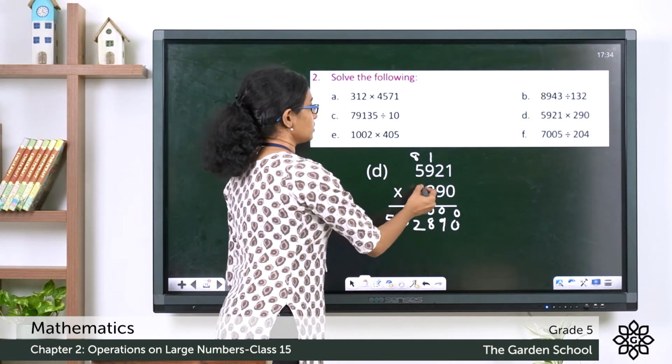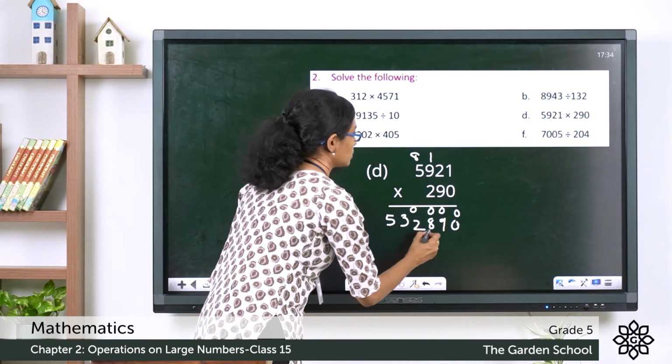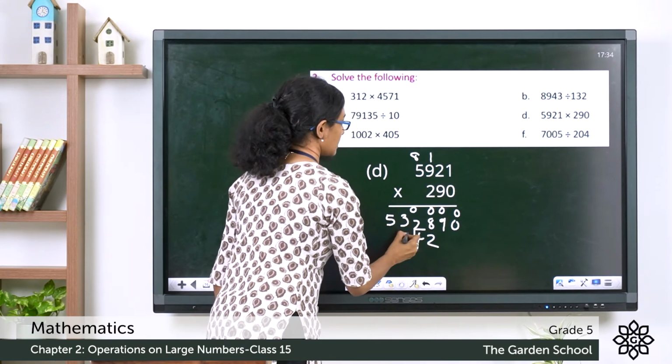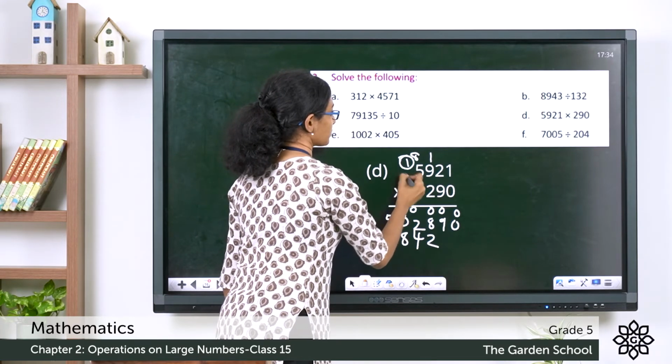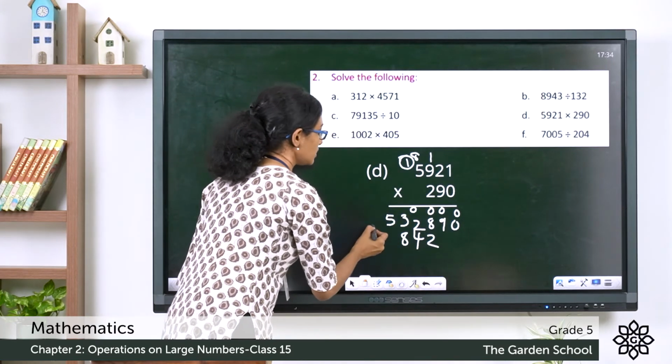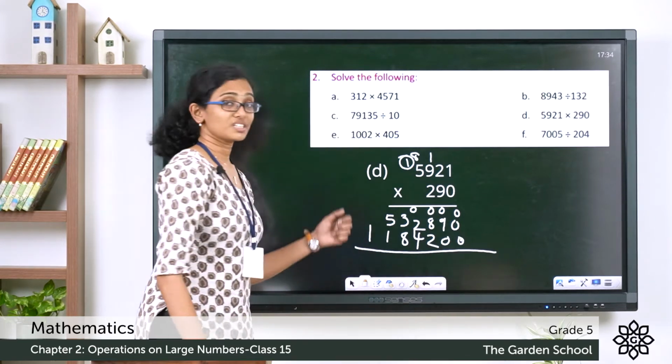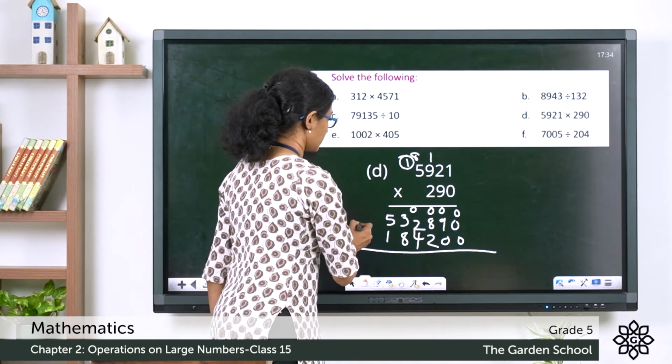Now 2 into 1 is 2, 2 twos are 4, 2 nines are 18, carry over 1, 2 into 5, 10, plus 1, it is 11. Now that we have written the 3 products, let's add up all the products.